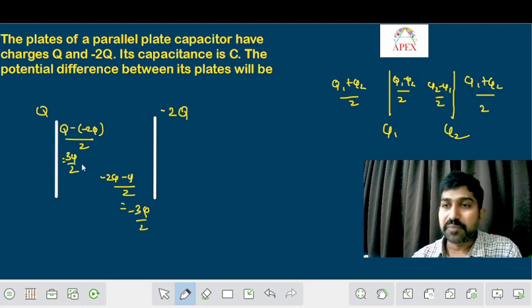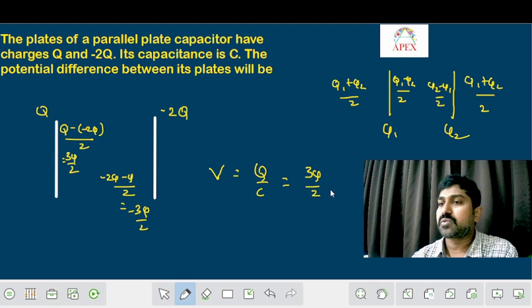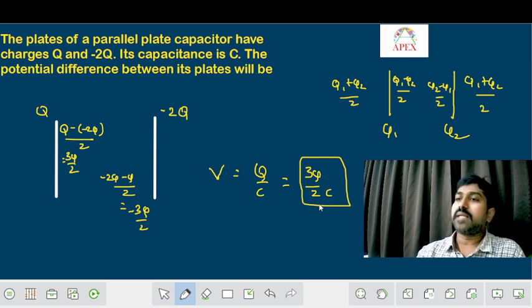That means totally this particular capacitor is having a charge of 3q by 2 on each plate. In that way you can consider that. Then what is the formula for potential V? Potential only you have to find out. Potential V is nothing but Q by C. What is the Q value in such cases? 3Q by 2 we got here. And of course C is C only. So totally the potential for this particular combination is equal to 3Q by 2C. Okay?